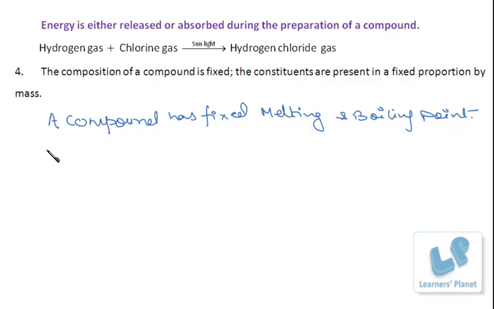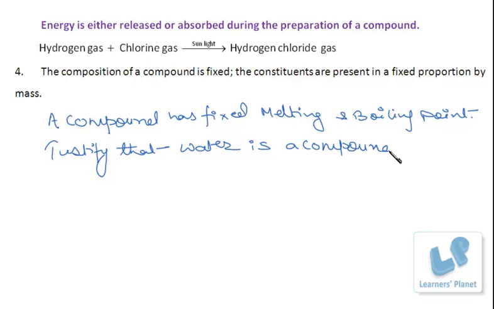Now if there is a question like, justify that water is a compound. How will you justify that water is a compound and it's a pure substance?